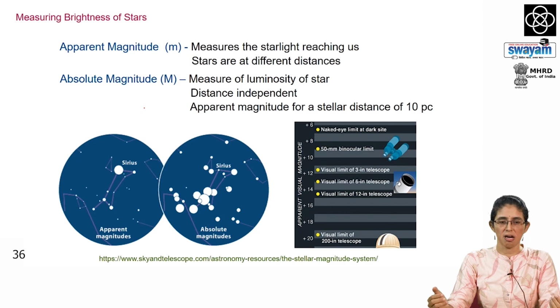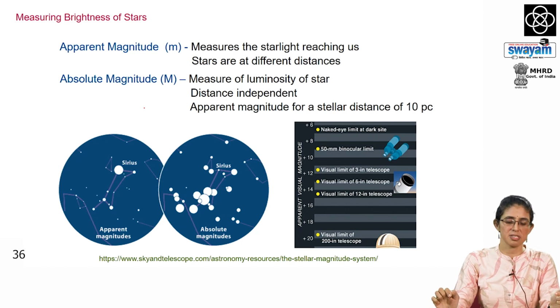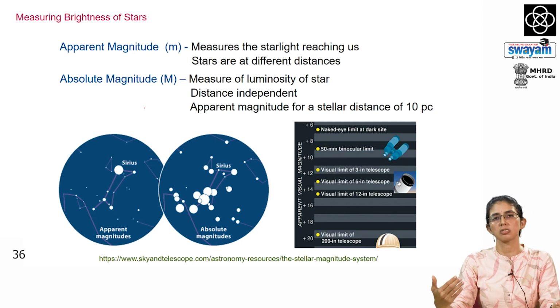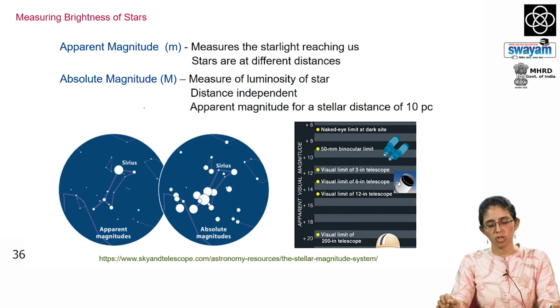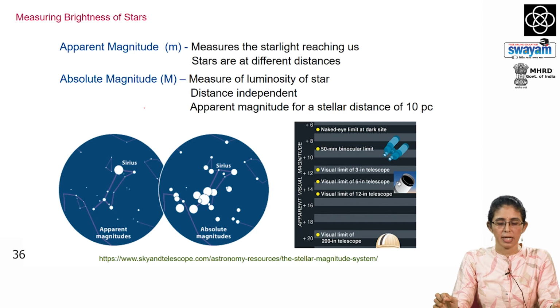If all these stars which are visible in the left side circle were brought at the same distance of 10 parsec to us, then the brightness would be the absolute brightness, absolute magnitude, and this absolute magnitude is shown in the circle on the right hand side. And one can see therefore, that Sirius no longer is the most luminous, but rather the other stars in the constellation are more luminous than Sirius.